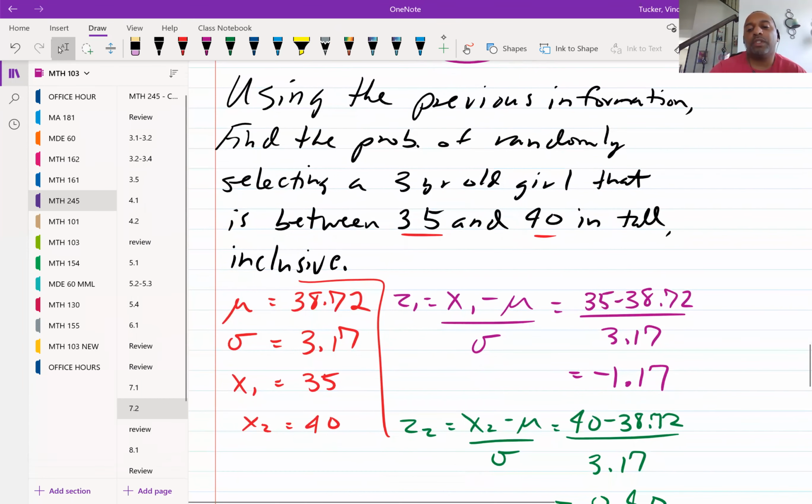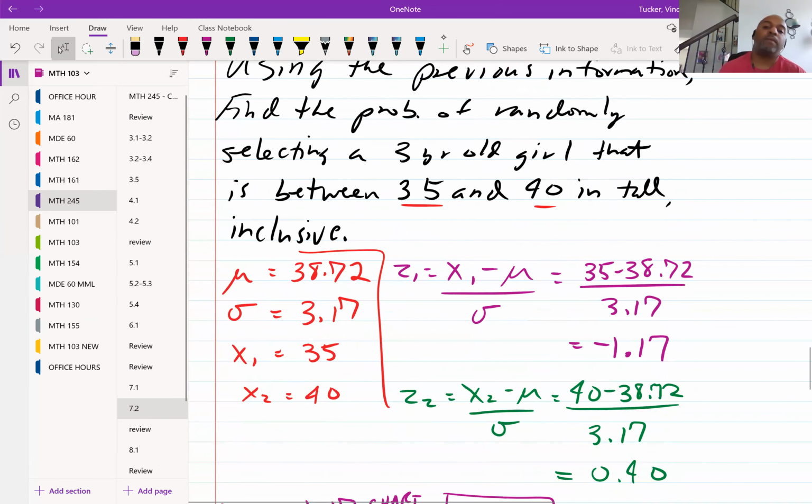Put both of those in the z-score formula. So 35 minus 38.72 divided by 3.17 gives us negative 1.17. And 40, plug that in, you'll get 0.40.